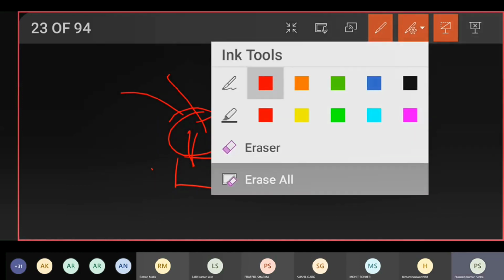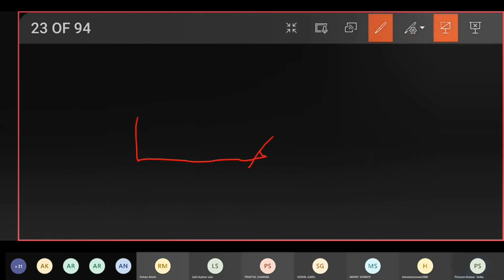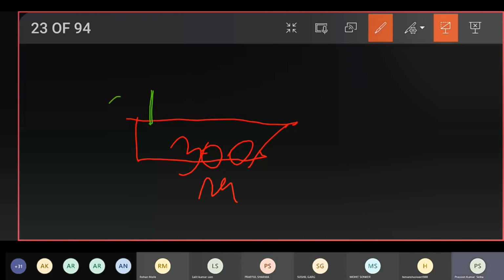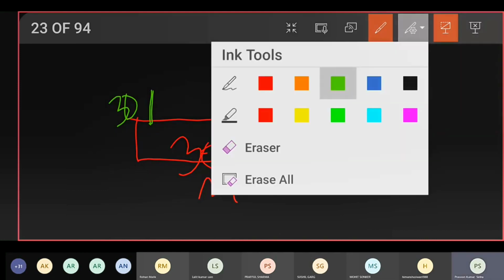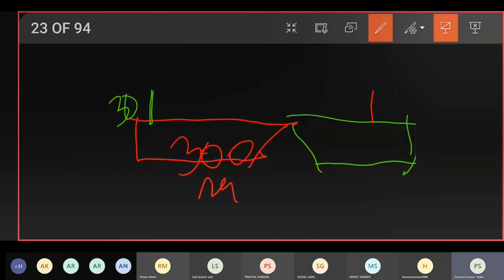Let us think that there is a ship here which is 300 meters, and the antenna is fixed at this place, let us say 30 meters from here, stern. There is another ship which is like this. Also there is an antenna which is placed here, again 30 meters. This is also 300 meters.